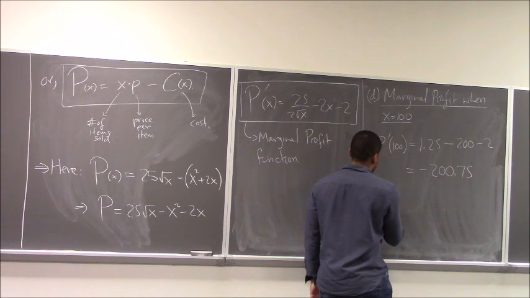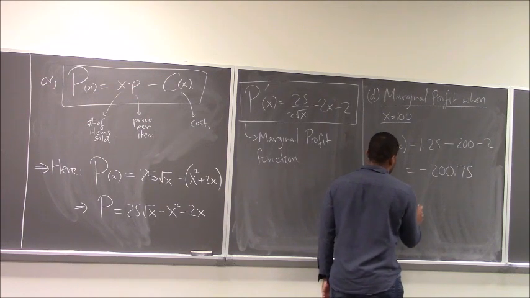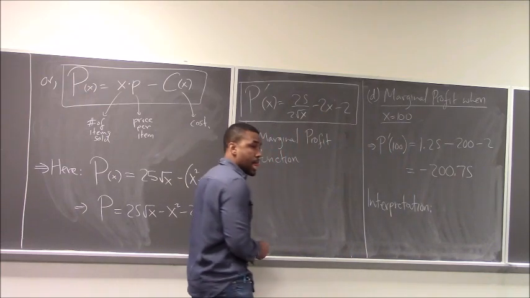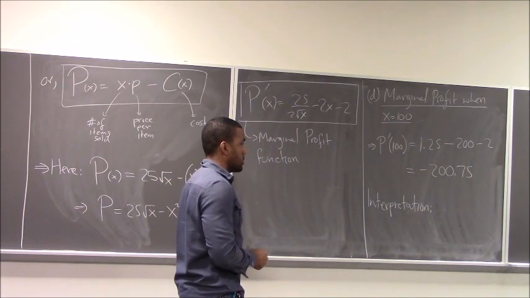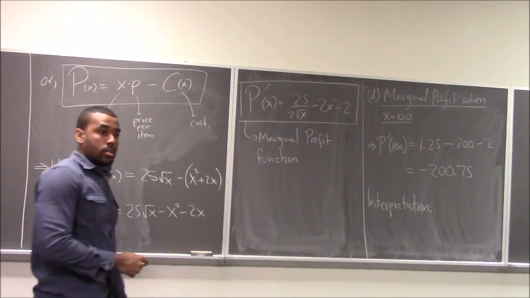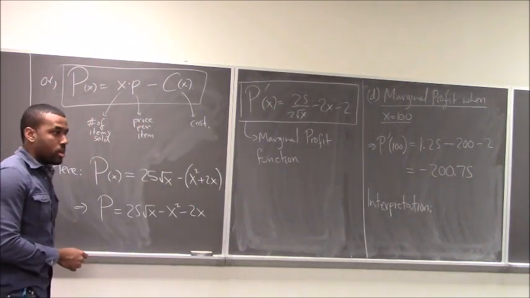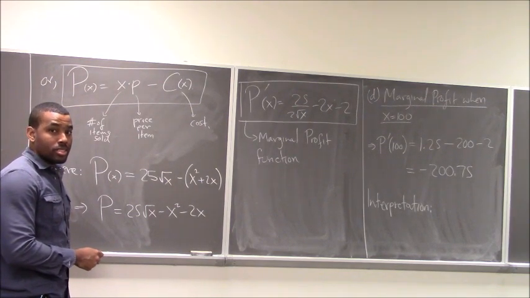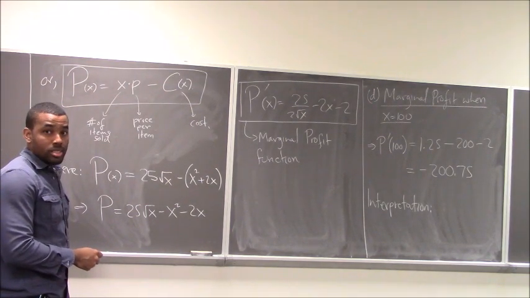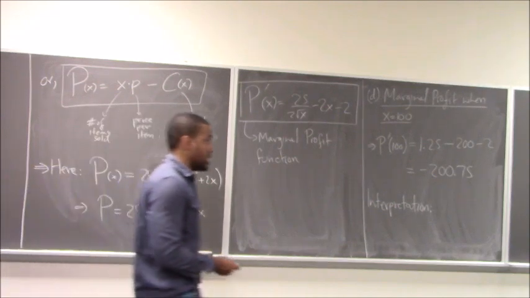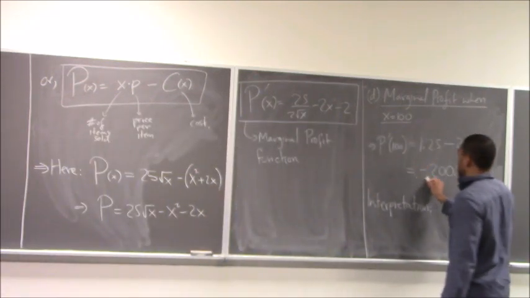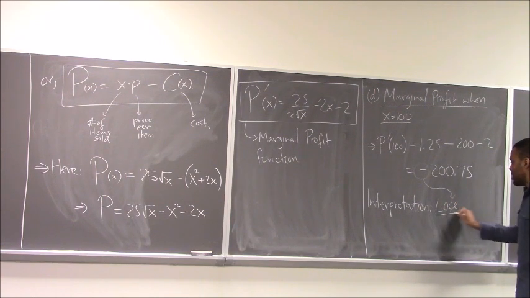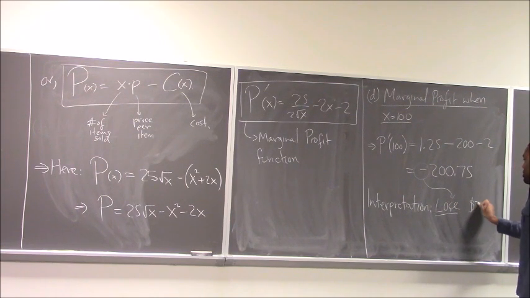Interpretation. How do you interpret that number? Does that mean with the 101st thing you sell, you lose $200? The idea of the negative is that you would lose about $200.